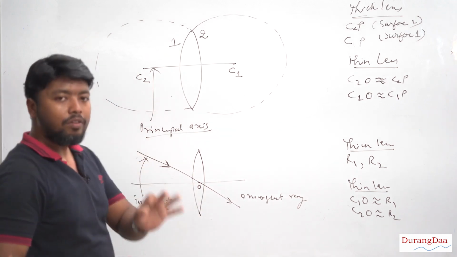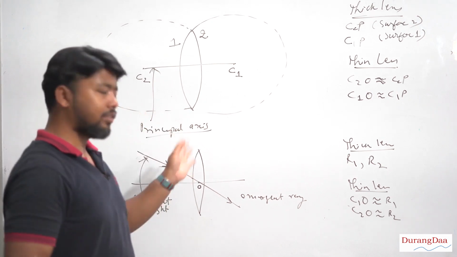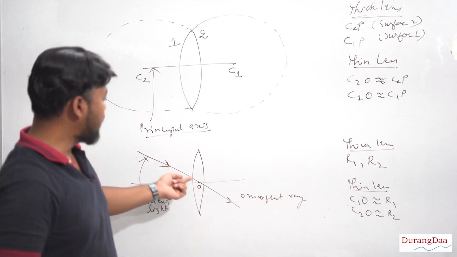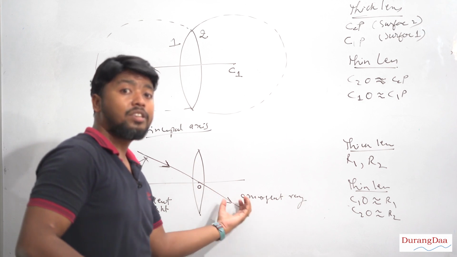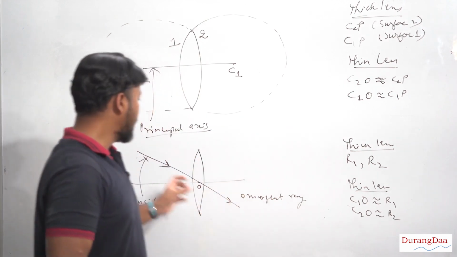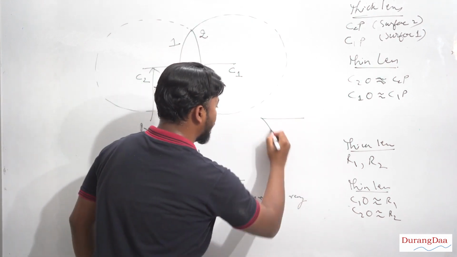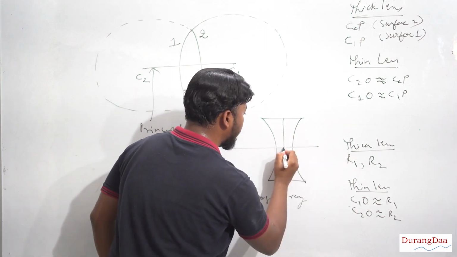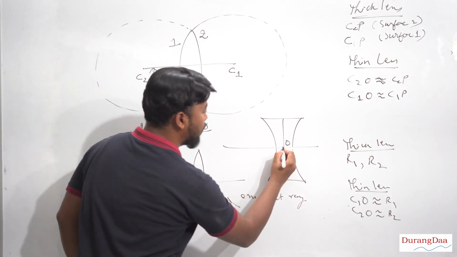Alright, so the optical center is a point in a convex or a concave lens such that if a ray of light is incident on that point, then the emergent ray which is coming out, its direction would be parallel to the direction of the incident light. If you draw it for concave, here also this is the optical center.